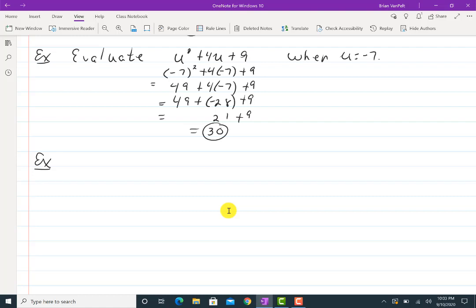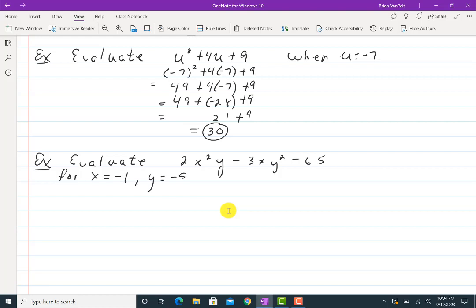Let's evaluate. This time I'm going to have 2x squared y minus 3xy squared minus 65. And I'm going to do it for x equals -1, y equals -5.